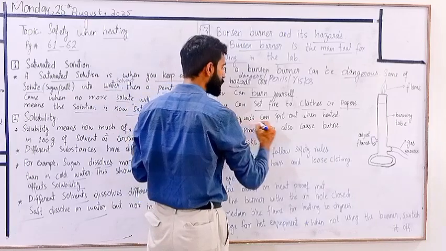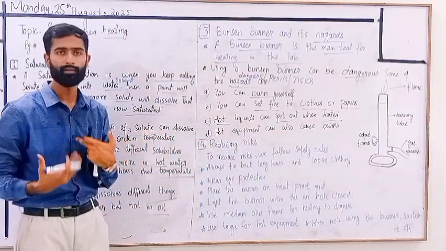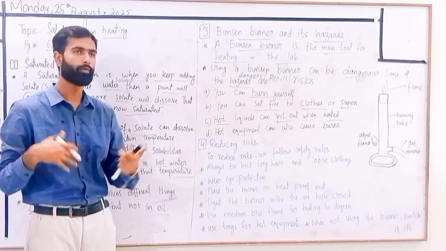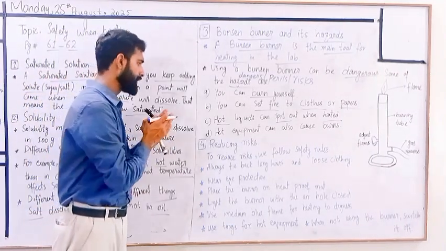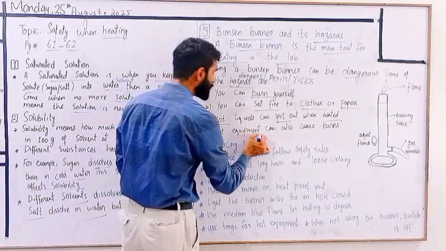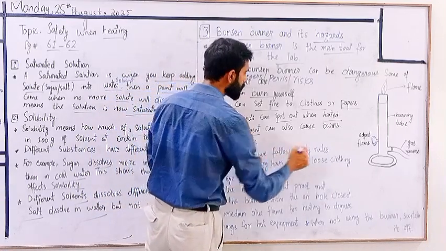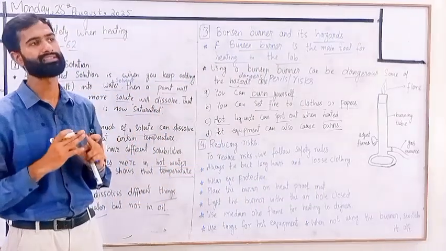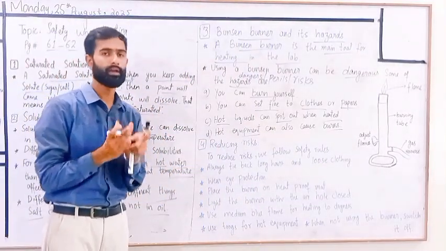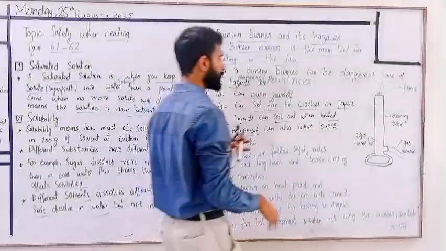Thirdly, hot liquids can spit out when heated. Spit means they can overflow sometimes when they are being heated. And lastly, hot equipment. Equipment means instruments. Hot equipment can also cause burns. So these are some dangers, some perils, some hazards of using a Bunsen burner, right?